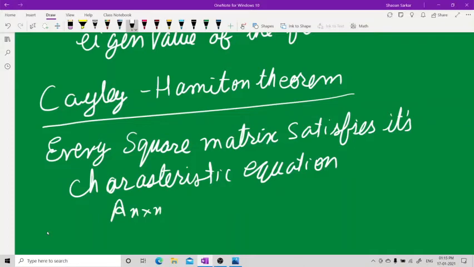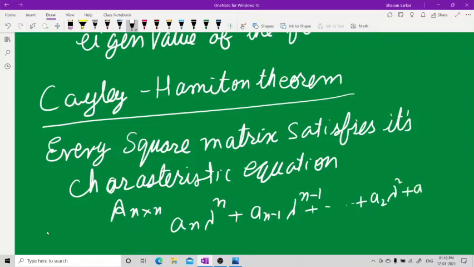Here the characteristic equation will be of the form a n lambda to the power of n plus a n minus 1 lambda to the power of n minus 1, and so forth, up to a2 lambda square plus a1 lambda plus a naught equal to 0.